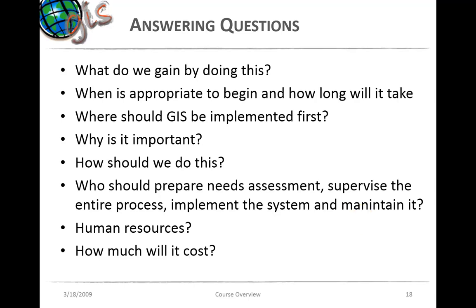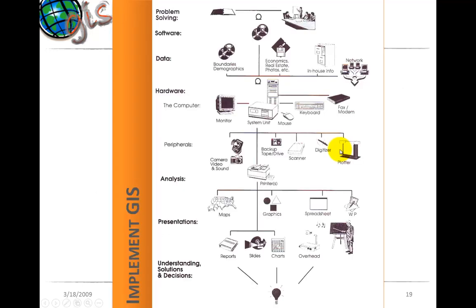Also we need to understand role assignment, who should do this, how you should do this, what resources you need to have in terms of human resources, and the costs of actually doing all this stuff. So again, implementing GIS is problem solving.